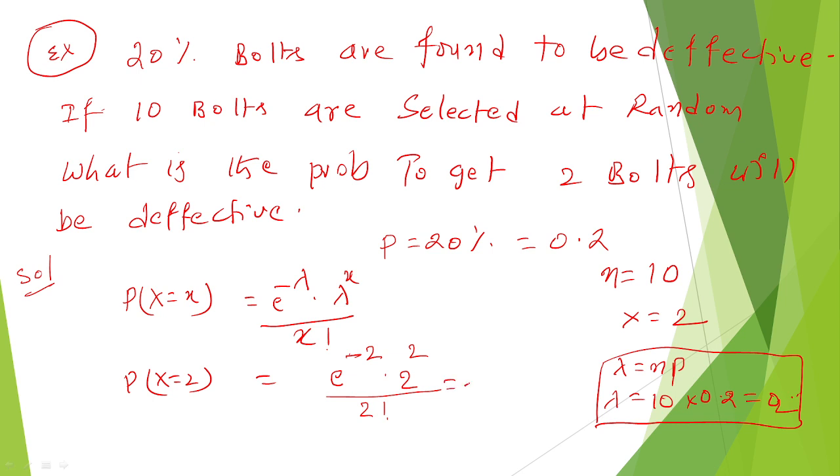So this is equal to e power minus 2 into 2 square, that is 4, by 2. The 2s cancel, therefore the final answer is 2 into e power minus 2.